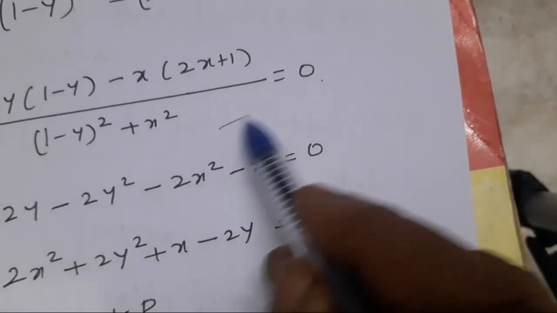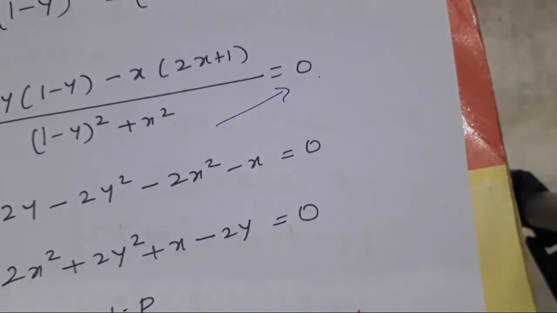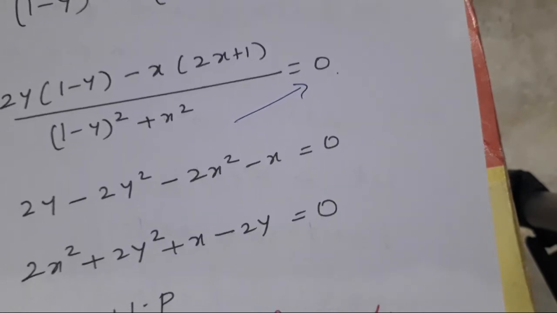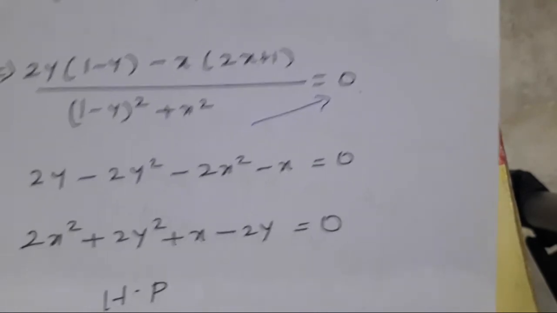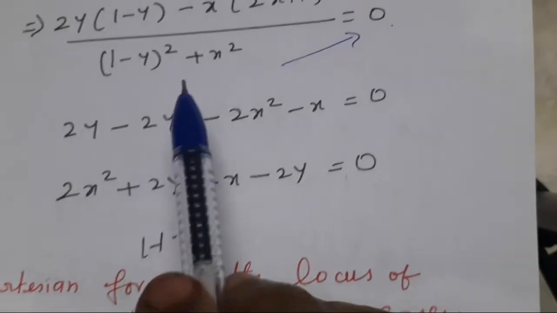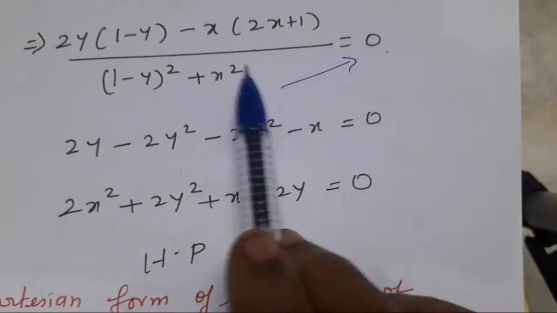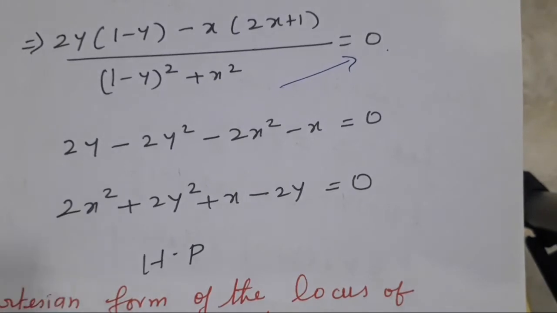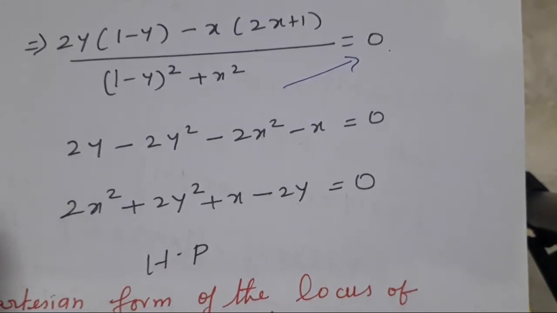Coming to this side, it will become 0. We are having only the numerator. The denominator multiplied with 0 becomes 0. Only see the numerator, because we take the imaginary part only.